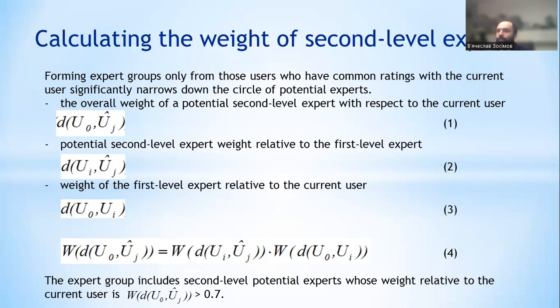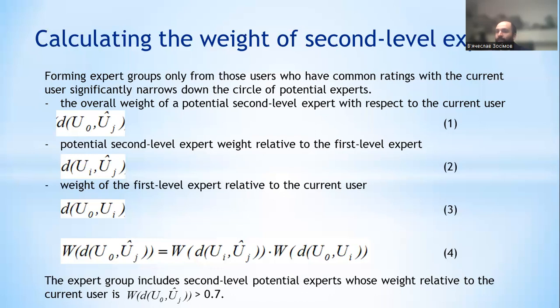It assumes the presence of common ratings with first-level experts and determines the overall weight of all potential second-level experts with respect to the current user, expression 1, taking into account their weight relative to the first-level expert, expression 2, and the weight of the first-level expert relative to the current user, expression 3.